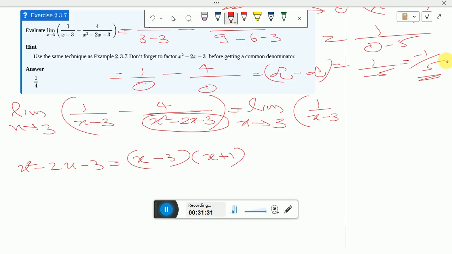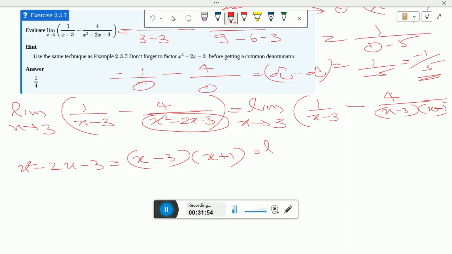So rather than writing this portion, I can write minus 4 over x minus 3 into x plus 1. I write it this way so that I can easily find the LCM.